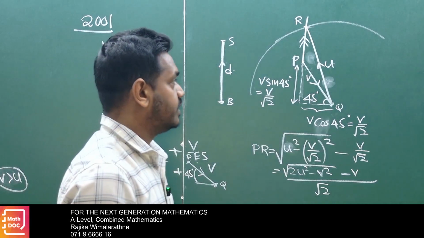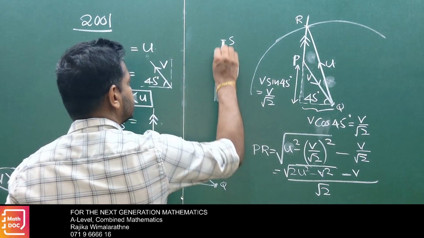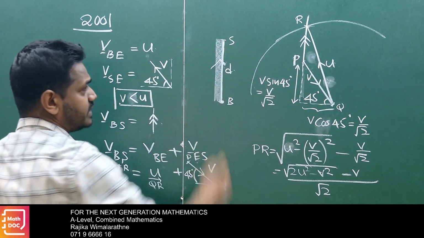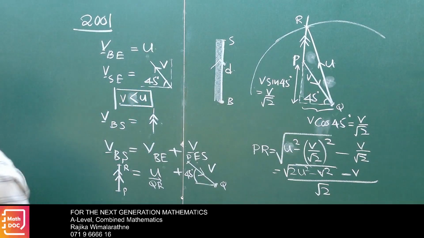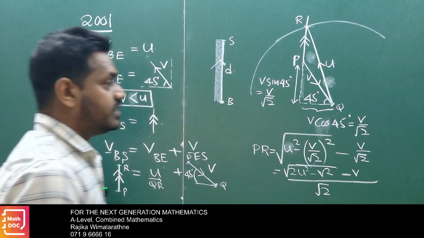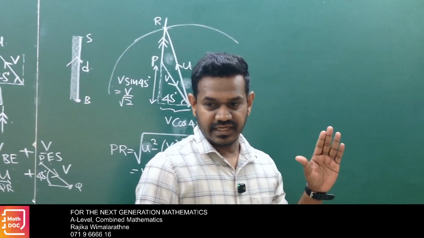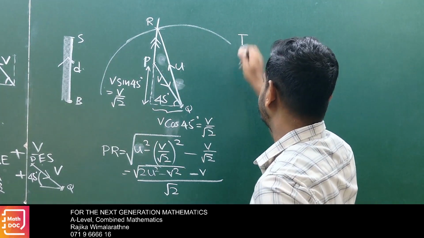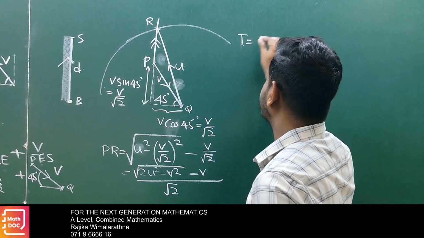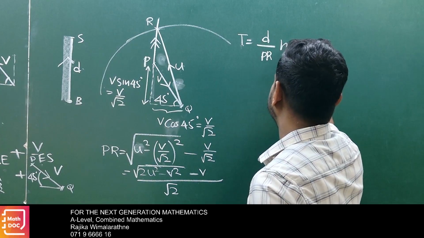Okay. Then the boat needs to move a simple displacement to catch that. Then we can take time now. Here the velocity is given in kilometers per hour, the displacement in kilometers. Therefore, the time to catch the ship, T equals D divided by PR. That is in hours.